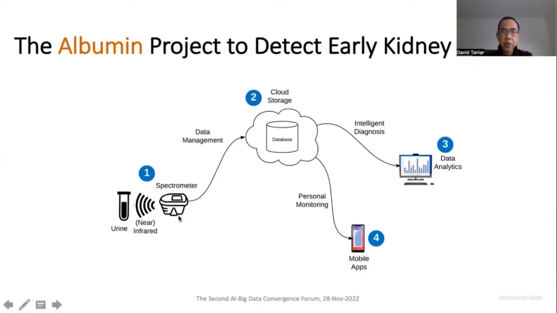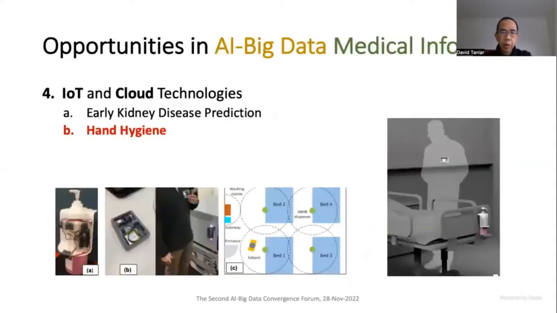We are starting to use this near infrared technology. We collaborate with the experts in the School of Chemistry, and our team from computer science is just dealing with the cloud technology as well as the machine learning to do the classifications. Right? So this is an important progress.